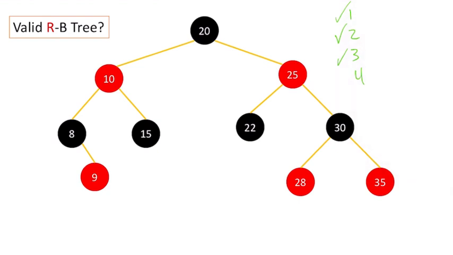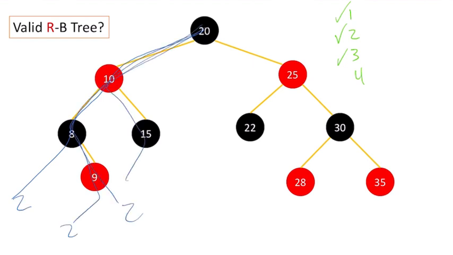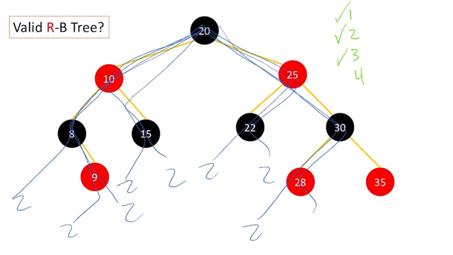So let's check that. 2, 2, 2, 2, 2. So every root to null path has 2 black nodes. So all red-black tree invariants are held, which means that's a valid red-black tree after our rotations.